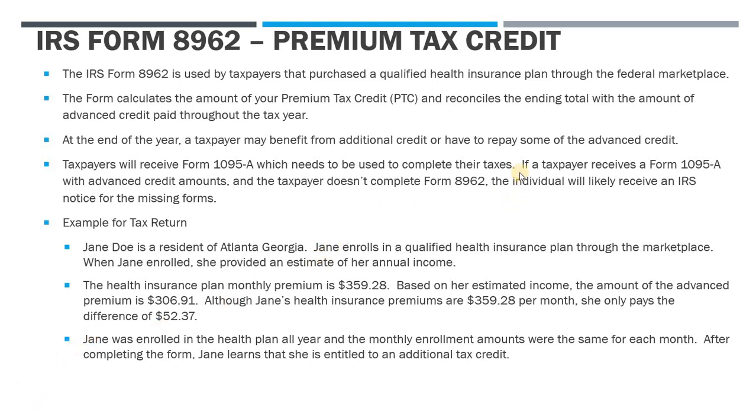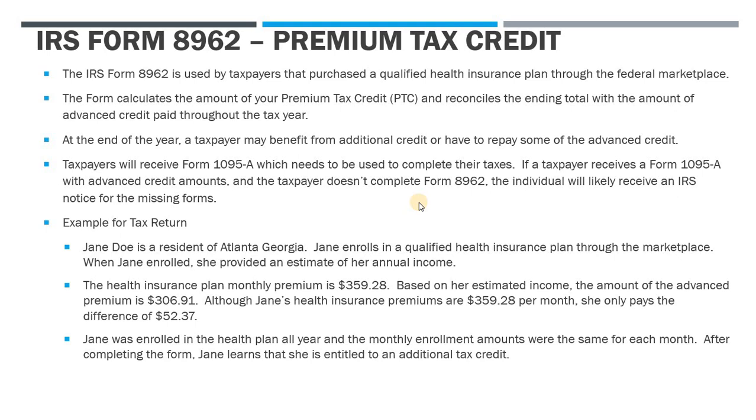Now, this is really important because I see a lot of taxpayers miss this, right? If a taxpayer receives a 1095A and they have advanced credit amounts and they don't do the 8962, you're very likely going to get an IRS tax notice. The reason you get a notice is because the IRS needs to know, based on how much we advanced you to cover your insurance premiums, do you actually owe us more money because you need to repay some of it?